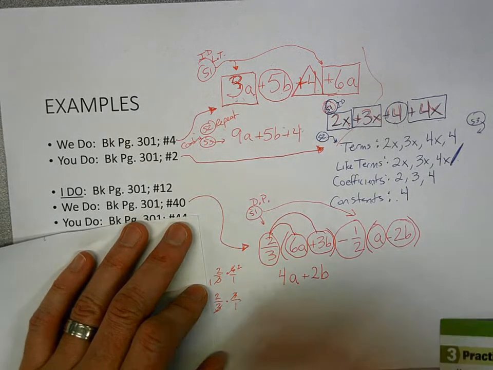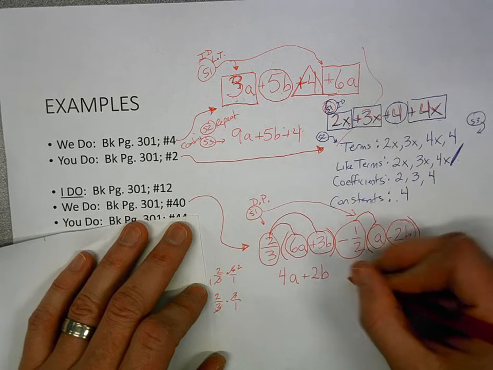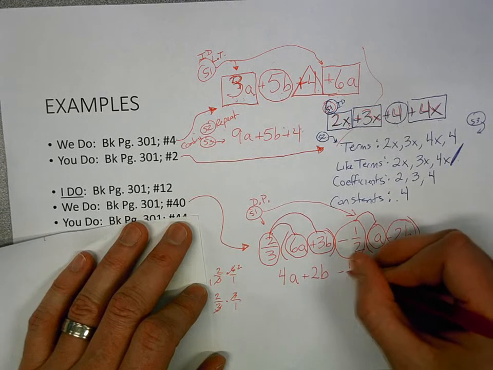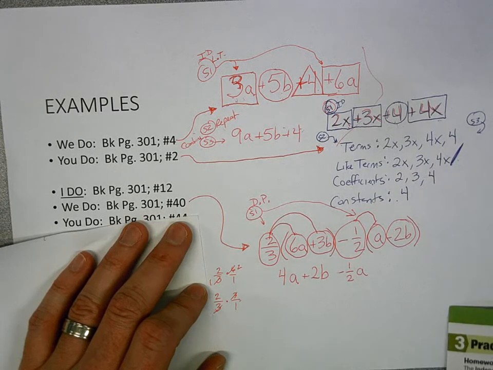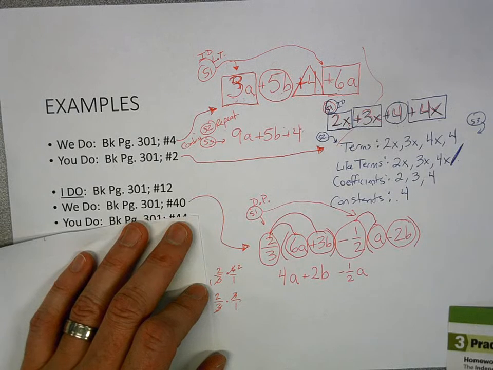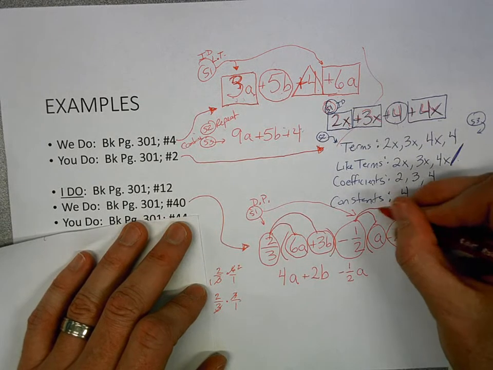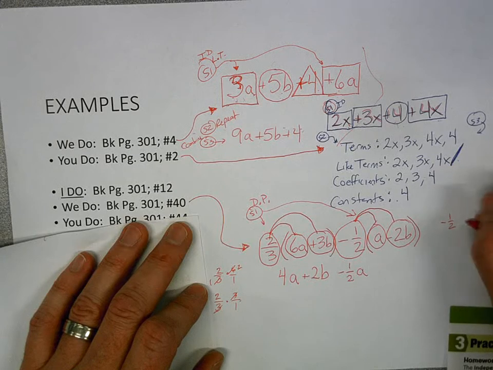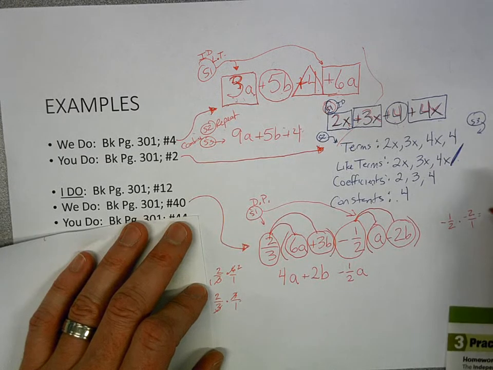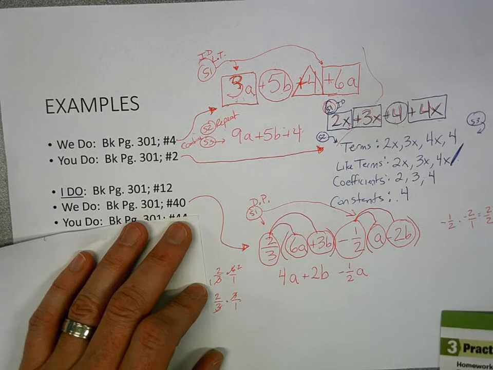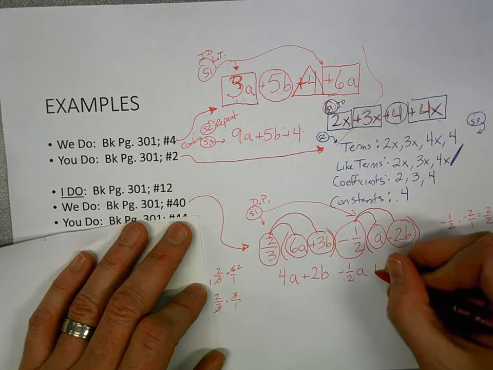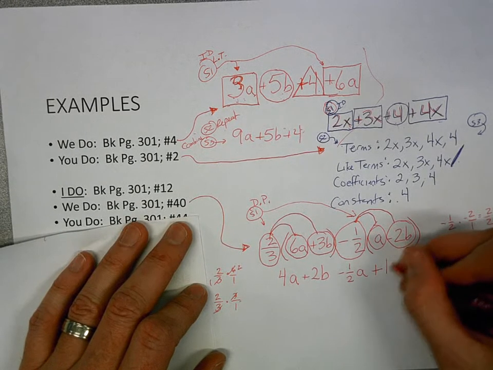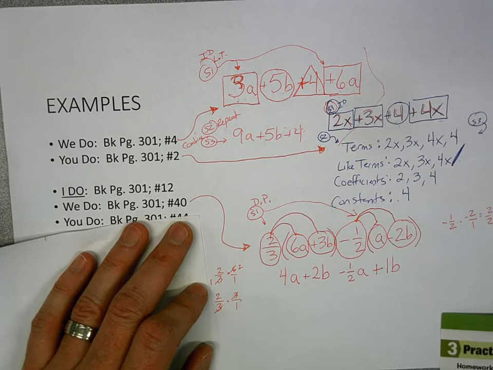So negative 1/2 times a is negative 1/2 a. Negative 1/2 times negative 2. If you don't already recognize that, here's what you're doing. And that, of course, becomes 2 over 2, which is a positive 1b, or net positive 1 times b.